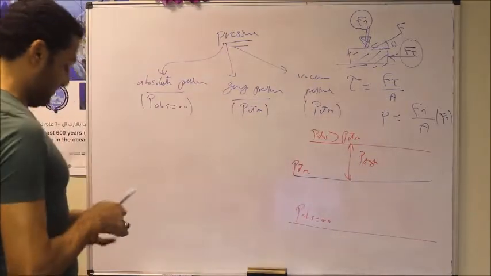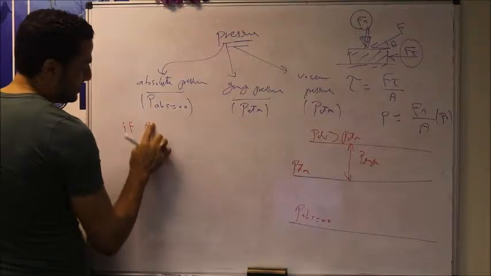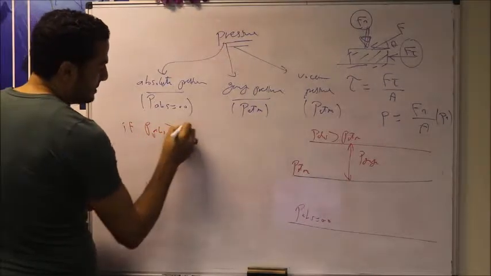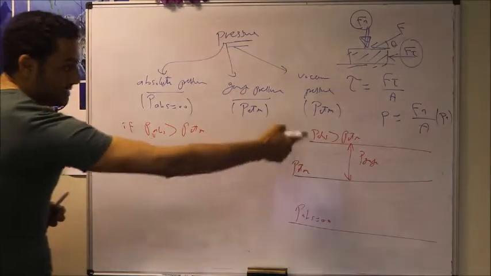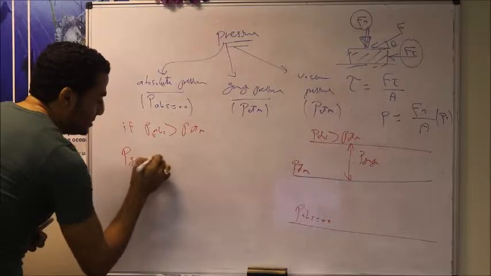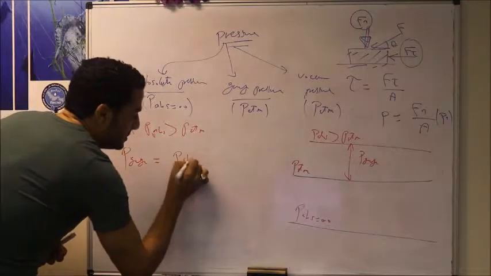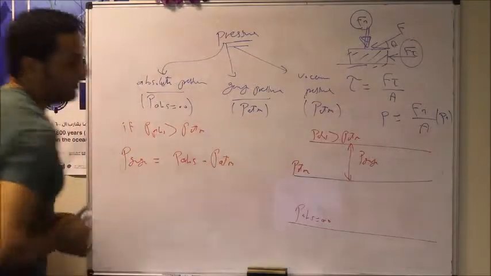So if the absolute pressure is greater than the atmospheric pressure, in this case we call the difference the gauge pressure. The definition of the gauge pressure is equal to the difference between P absolute minus P atmosphere.